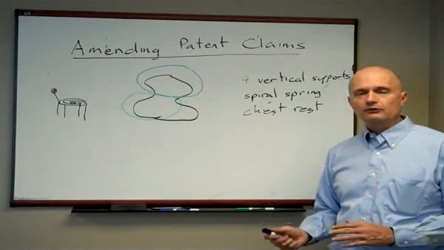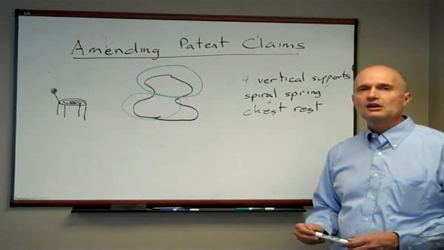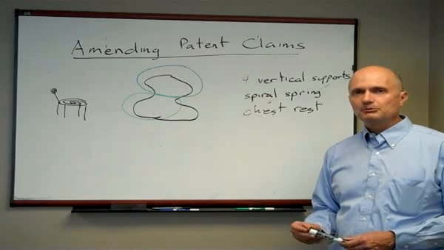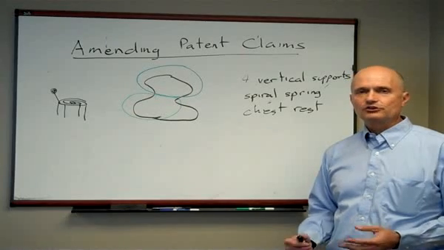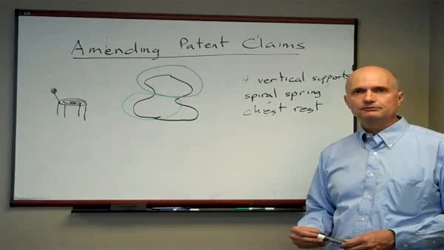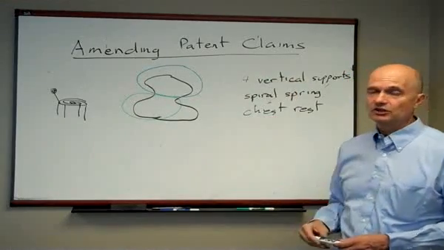So it goes back and forth. Some countries are easy to make amendments to, some countries are hard. Countries in Asia generally tend to be harder. Europe tends to be a little harder. Places like Australia, Canada are more like the United States, where it's fairly easy to make these kind of changes.